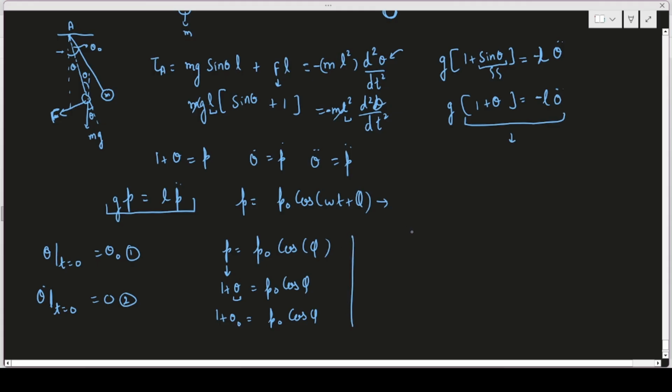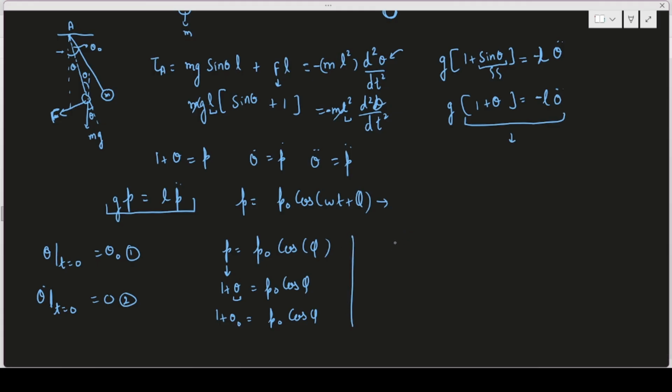And applying the second initial condition, let's differentiate this. So p dot equal to minus p naught sine of omega t plus phi, and omega will come outside, so p naught will be multiplied by omega.